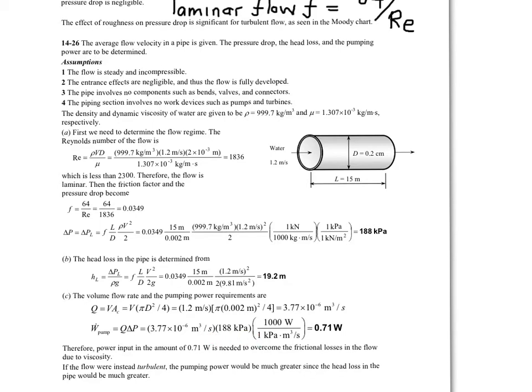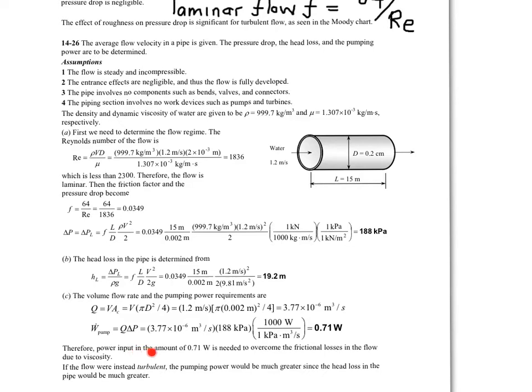We convert it to pascals by multiplying by 1,000, and you get quite a small power, 0.71 watts. Okay, so remember, if the flow is laminar, it doesn't mean that the power consumption is low. It just so happens that this flow rate is very small.